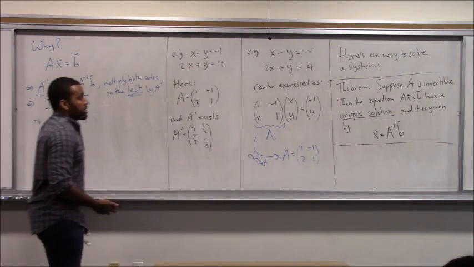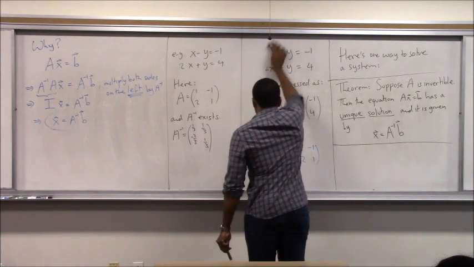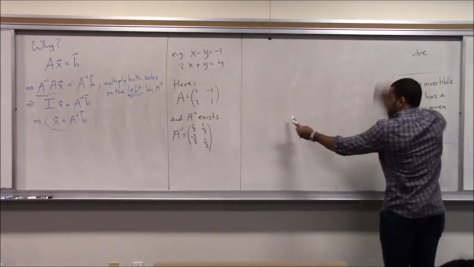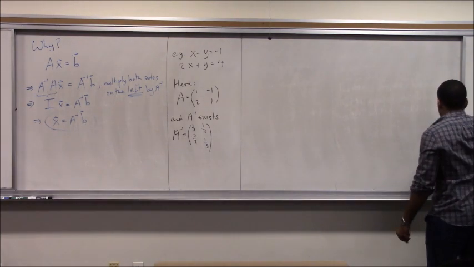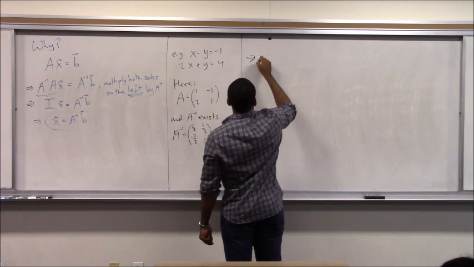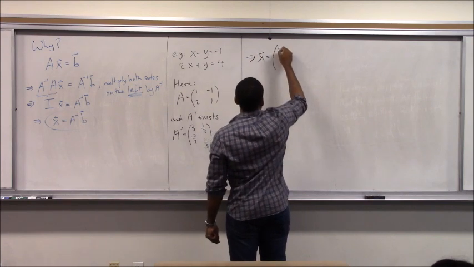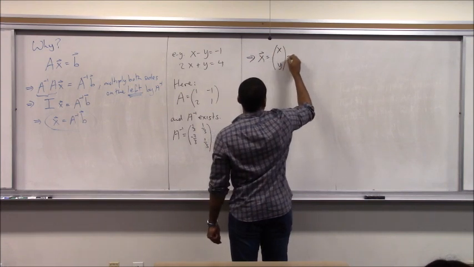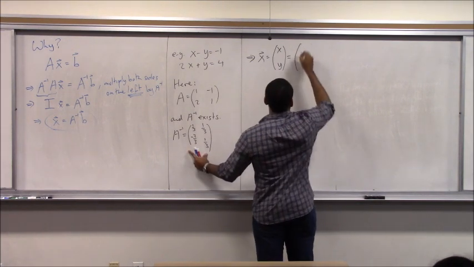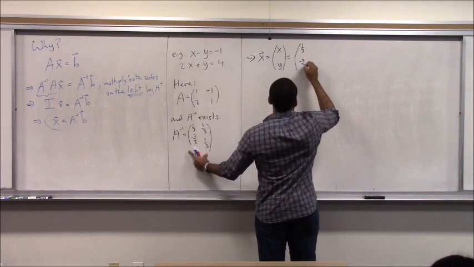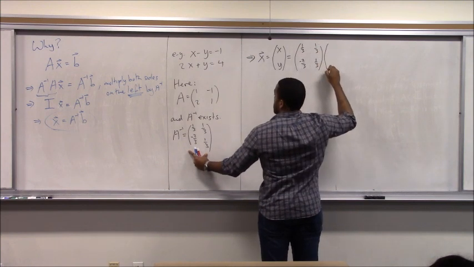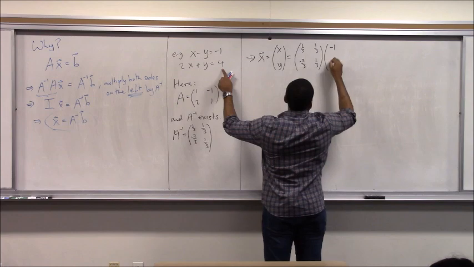What this means is I can solve for the variable in this matrix equation over here. This means that the x value, which in this case is x y, is equal to 1/3, minus 2/3, 1/3, 1/3, times this guy.